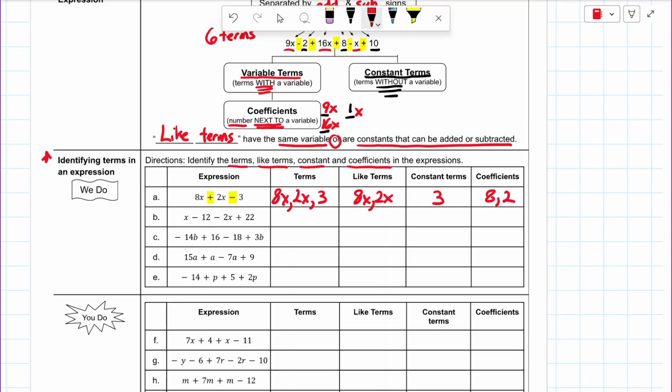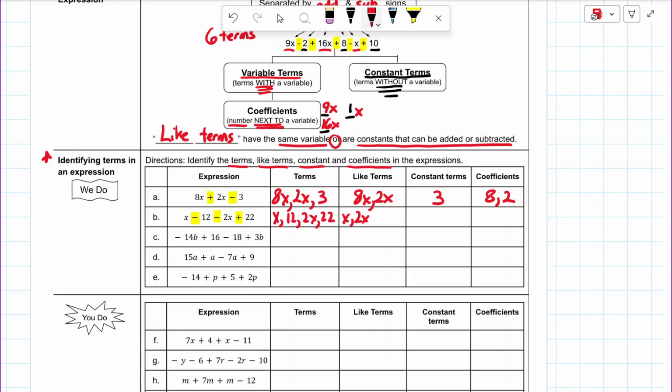All right, we got 4 more examples here before you get to do the you-dos down here. So we have a subtraction, subtraction, and addition. Here we have 4 terms. We have x, 12, 2x, and 22. Our like terms, our x terms are x and 2x.